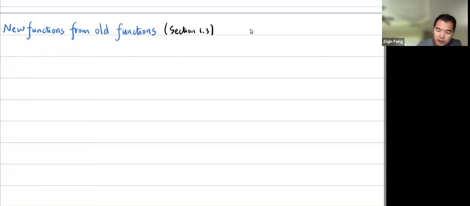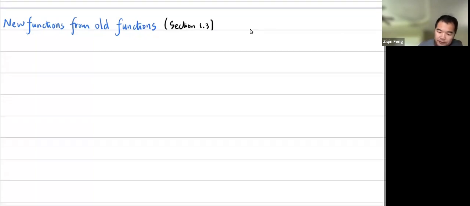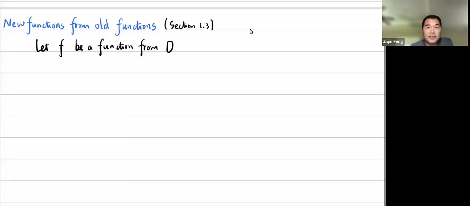So let's start from the function we know. Let f be a function from D to R, where D is the domain of f. The codomain is the set of all real numbers.